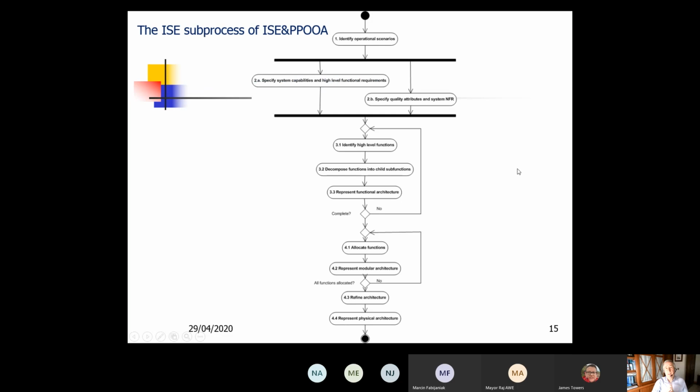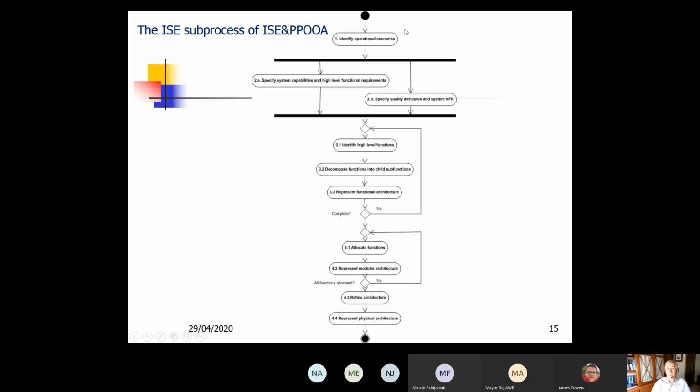Here is the method, the main process, the integrated systems engineering sub-process of the whole method. In this process, the first thing we identify from the interaction are the main scenarios of use of the system, also named by some people use cases.